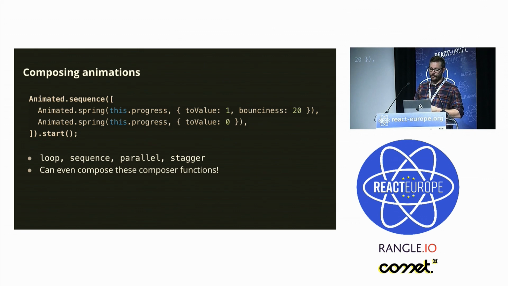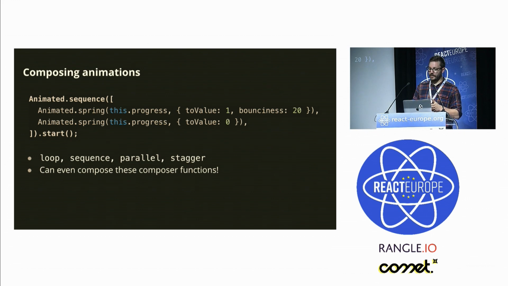And loop will execute the animations in sequence, but then once the last one completes, it'll go back and execute the first one again. You could specify parameters for that, like how many times it should loop, or if it should loop forever. Parallel will execute all of them at the same time. One thing worth noting is that we call start on the outermost driver of the animation.